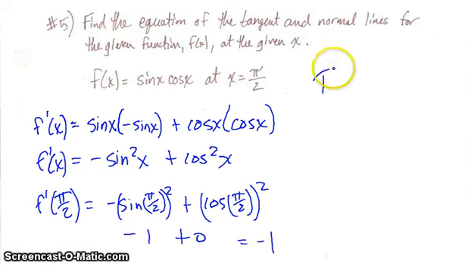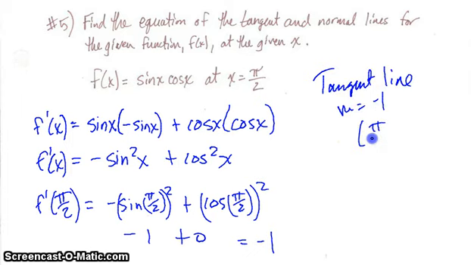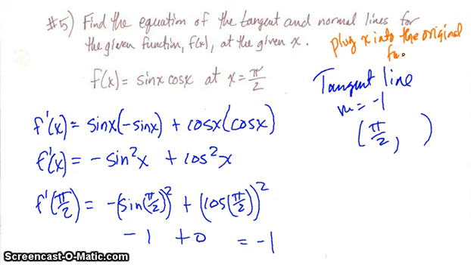So for my tangent line, I have m is negative 1, I have the point pi over 2 comma, I need to find y, so plug x into the original function, and hopefully you remember that the sine of pi over 2 is 1, but the cosine of pi over 2 is 0, so we get 0.